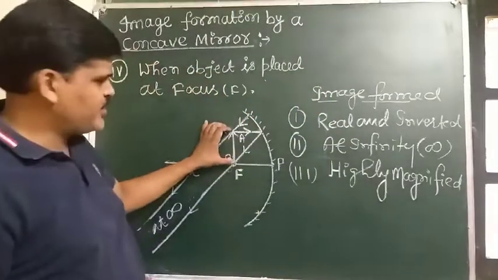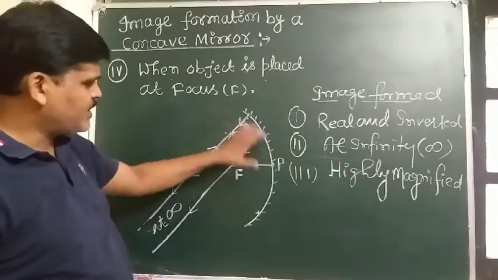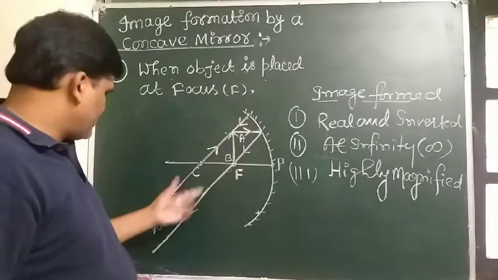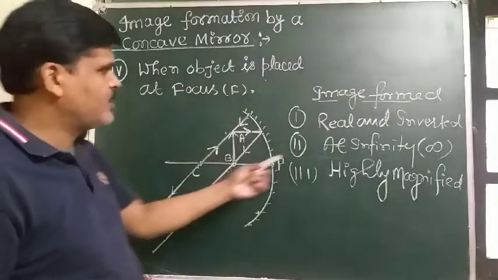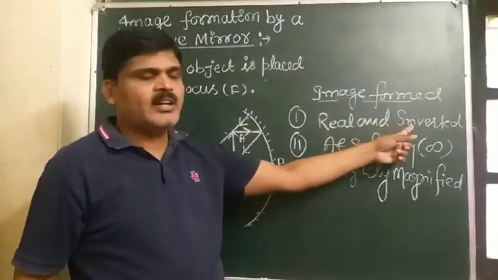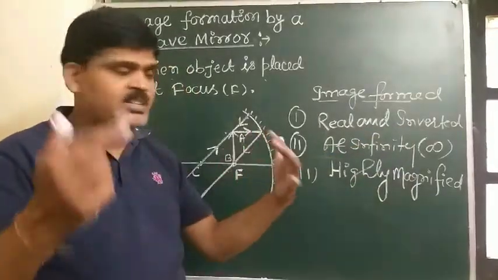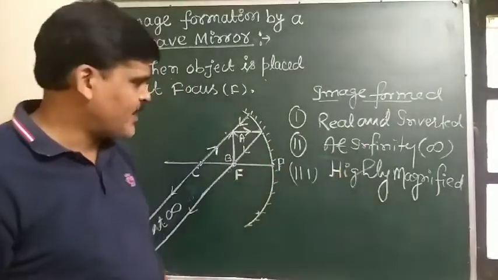So when the object is placed at the focus of a concave mirror, the image forms at infinity, real and inverted, and highly magnified.